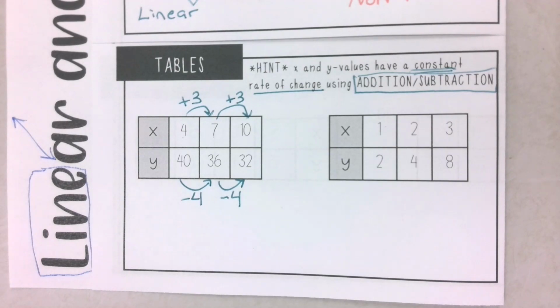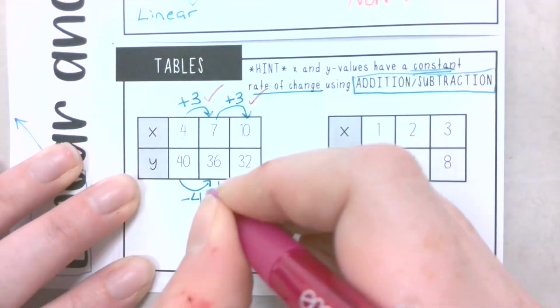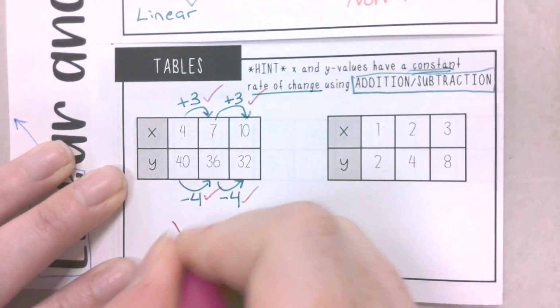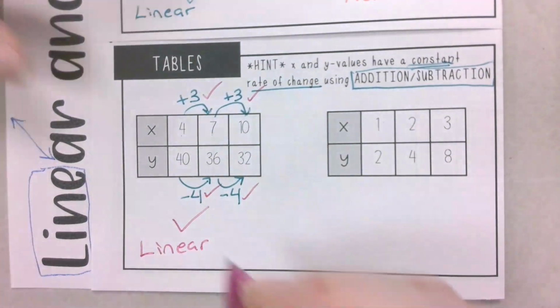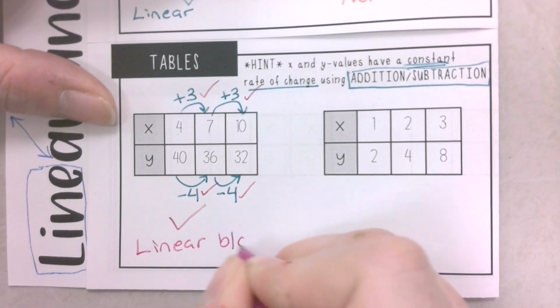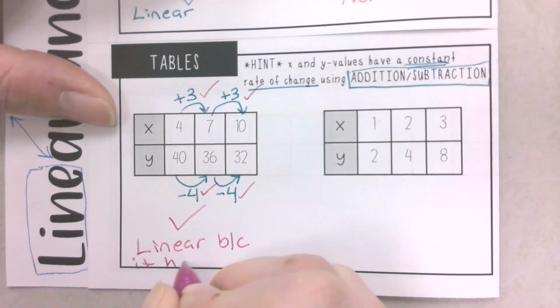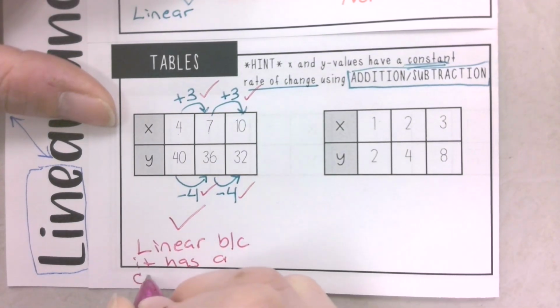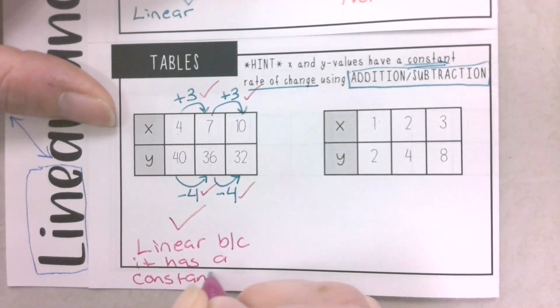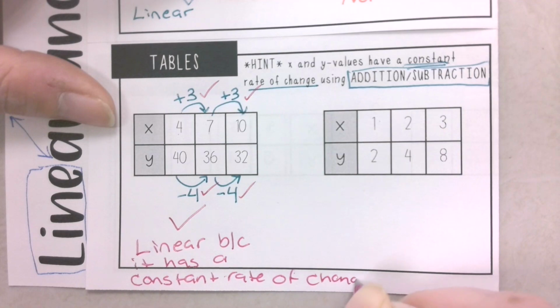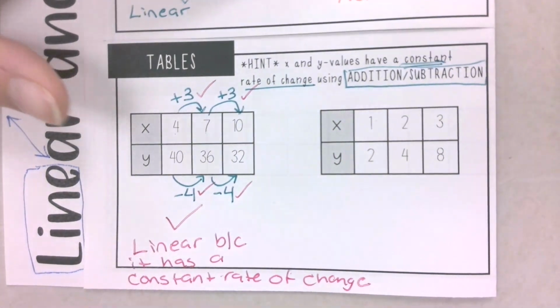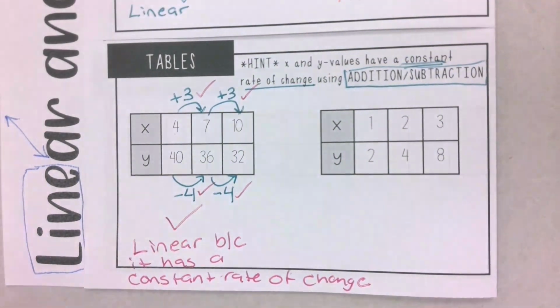Well, yeah, we do, because we did plus 3 each time, we did minus 4 each time, so check. This one would indeed be linear, and the reason is because, we'll put B/C, it has a constant rate of change.